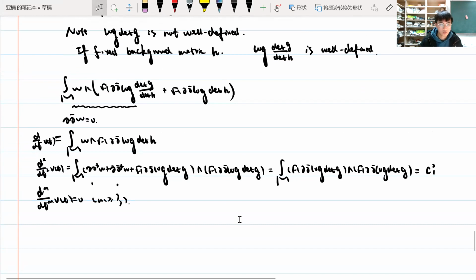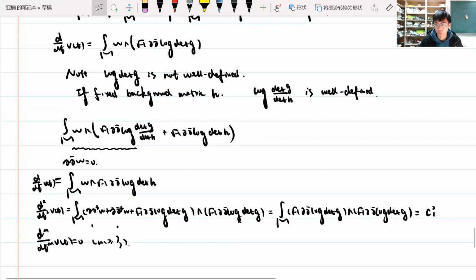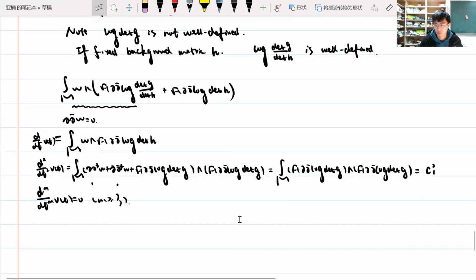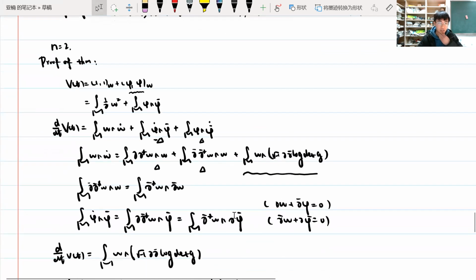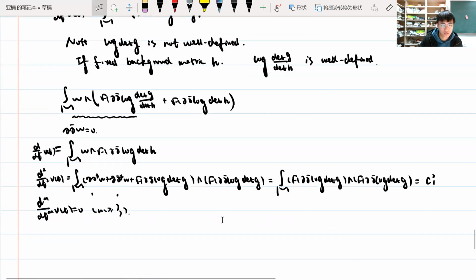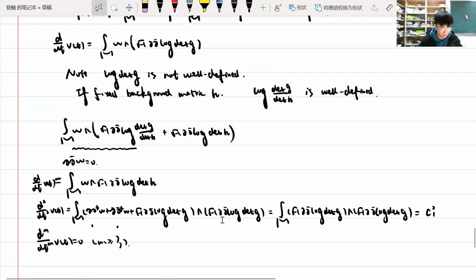So it shows that V(t) is a polynomial of degree at most 2. The proof of the general case is similar, but the computation is more complicated.